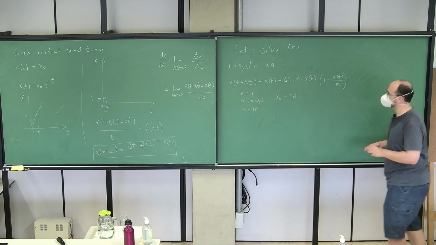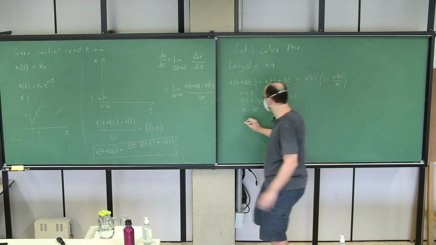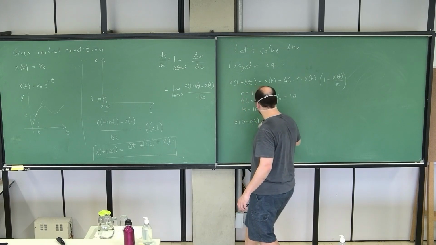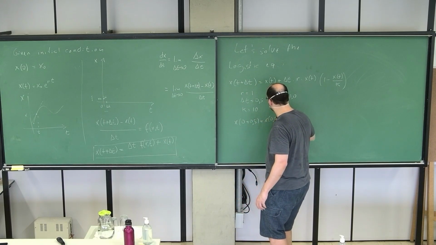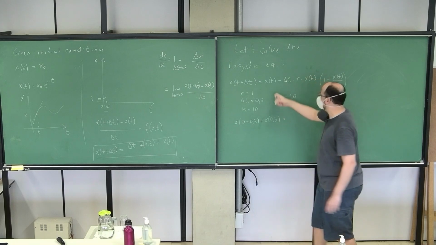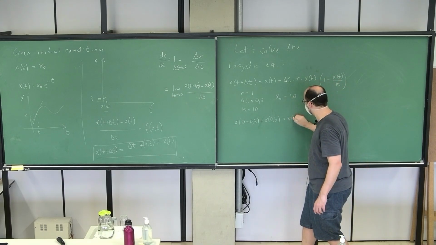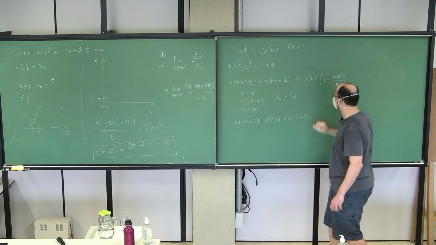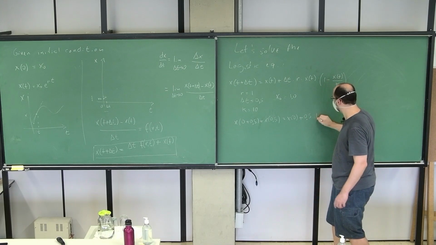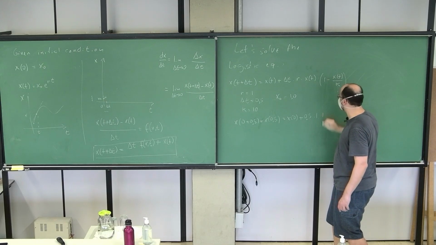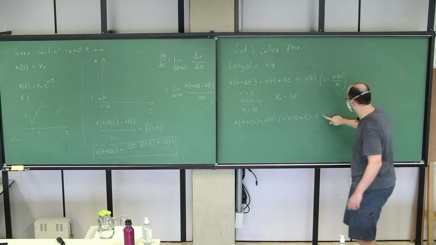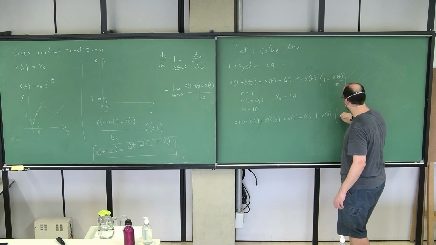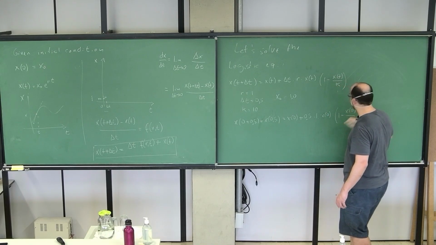Let's try this, okay? So x at 0 plus 0.5, that is of course x at 0.5, will be x at time 0 plus 0.5 times r, that is 1, times x at 0, that is 1, times 1 minus x of 0 over k, that is 10.